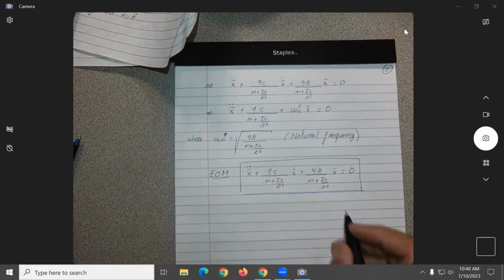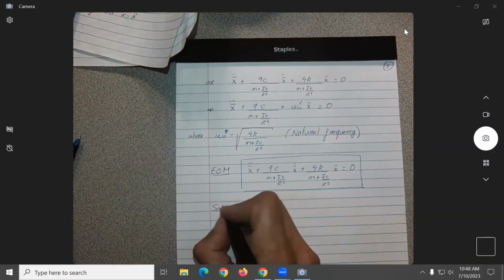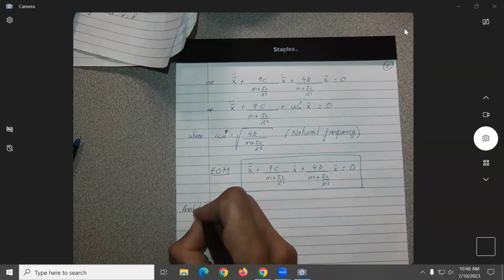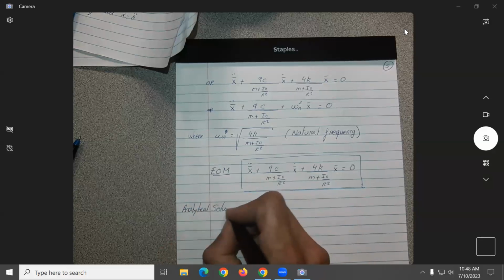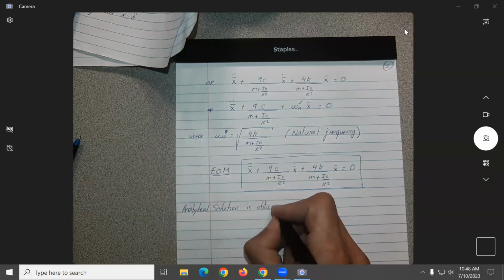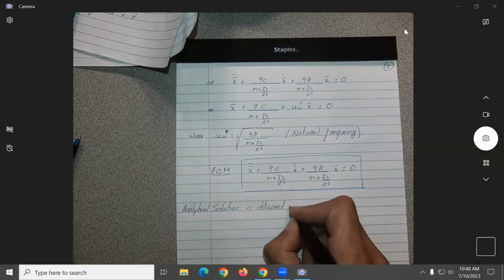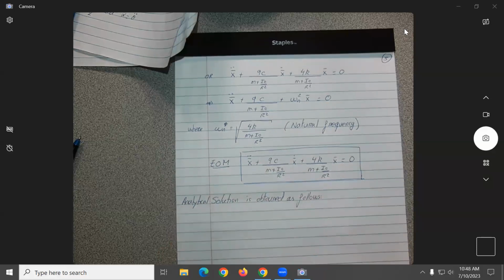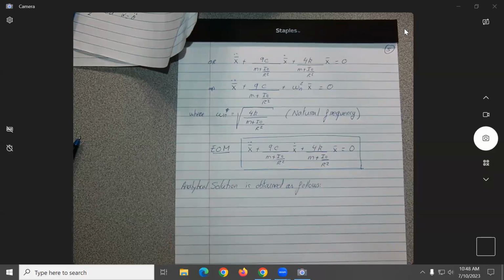Okay. Analytical solution is obtained as follows. So let's see, what is the first step?